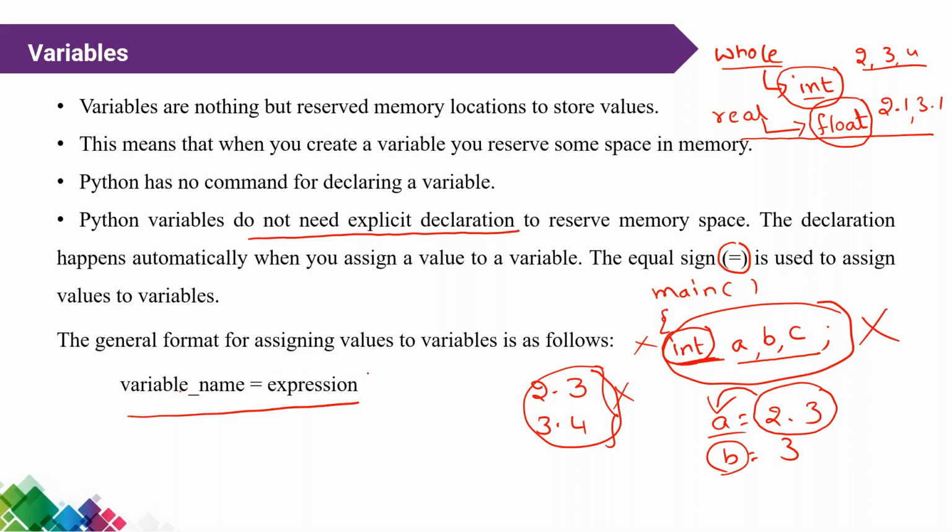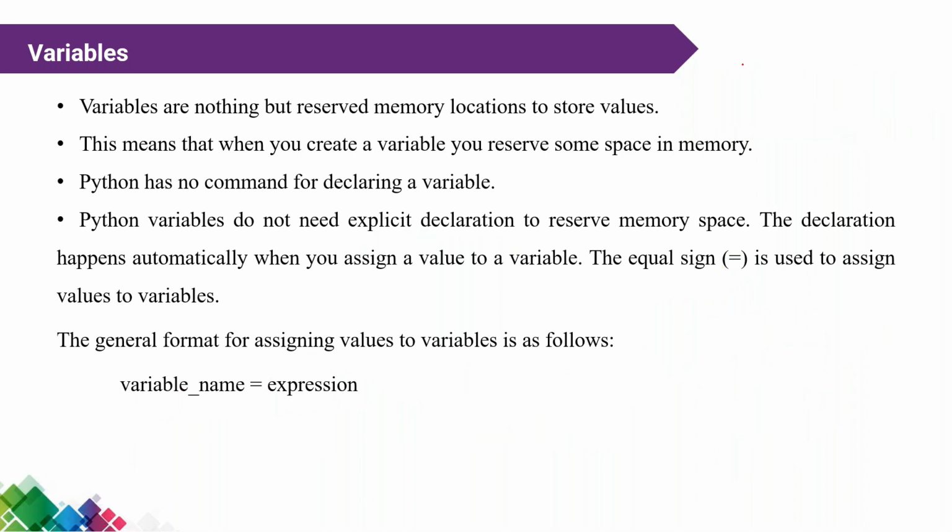So here, variable name is equal to an expression. Up to now I said only one thing: a is equal to 3, b is equal to 4.2, given values. But why am I writing expression? Remember, when a variable is created, a memory space is allocated, and within that memory space only one value is stored.